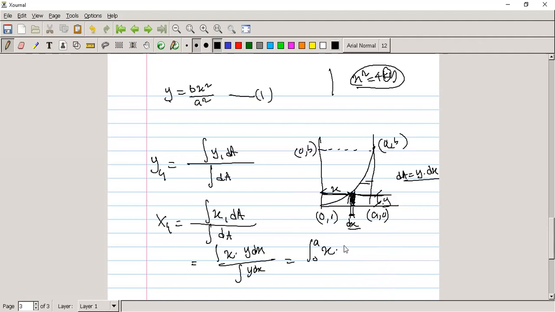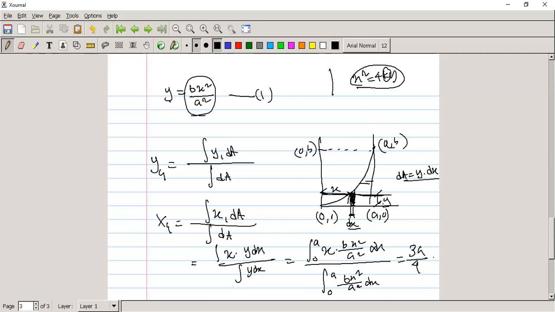So instead of y, we put y is bx square by a square, dx, divided by integration of 0 to a bx square by a square dx. So after calculation, integration, you can find 3a by 4. Is it clear? Anyone have any question?